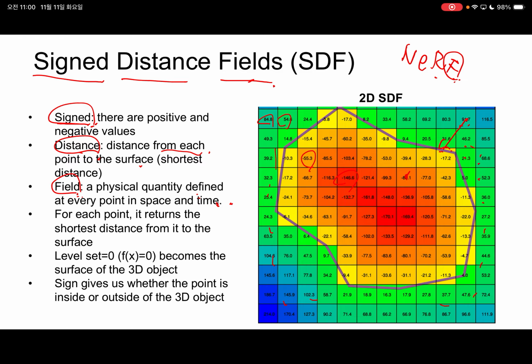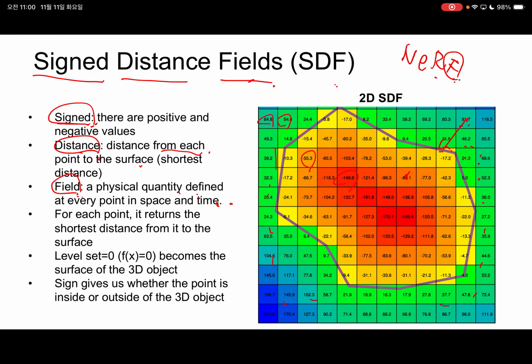So field is not a specific example like SDF; field is a very broad concept, just a physical quantity defined at every point in space and time. So sign means positive and negative, distance means for each pixel its value is the shortest distance from that point to the surface, and field means a physical quantity defined at every point in space and time.